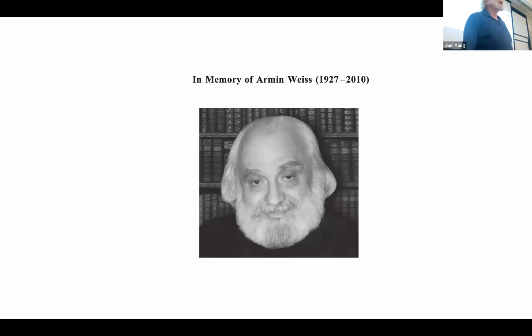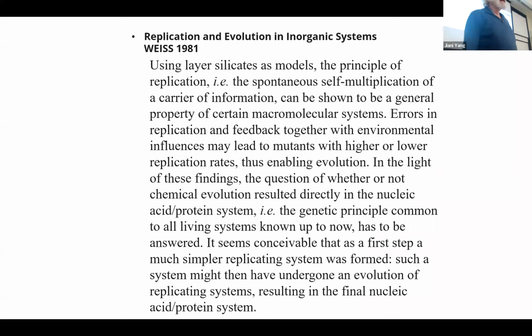Now came this great man, Armand Weiss. Armand Weiss published a paper in 1981, in which he says, using layer silicates as models, the principle of replication, the spontaneous self-multiplication of a carrier of information, can be shown to be a general property of certain macromolecular systems.